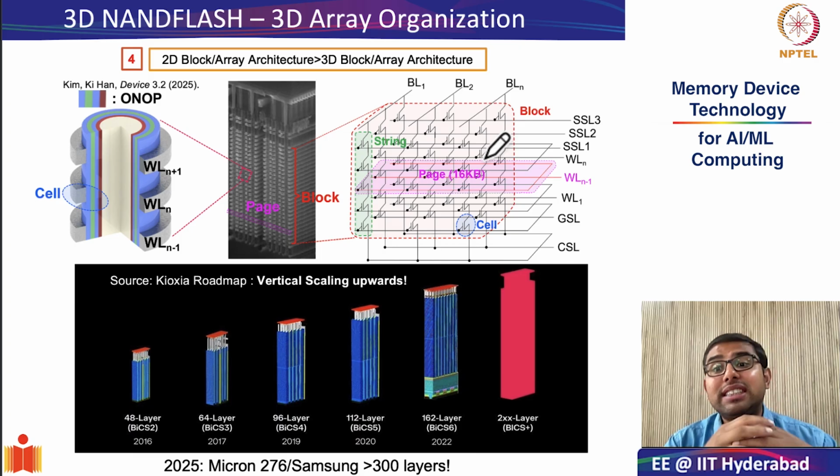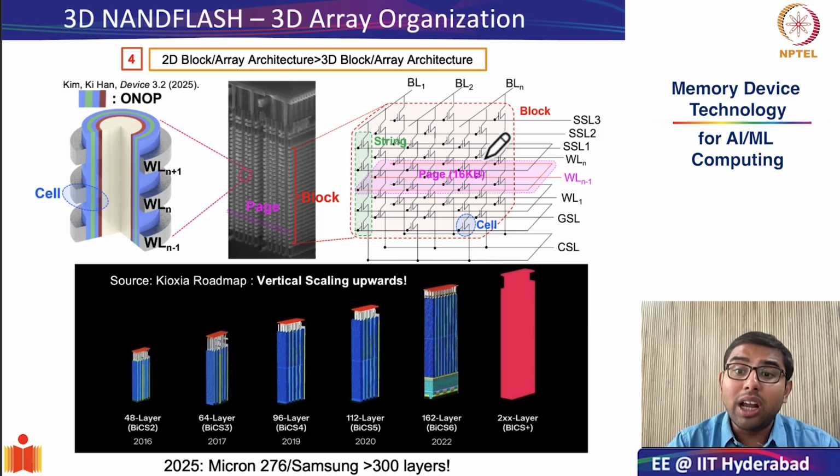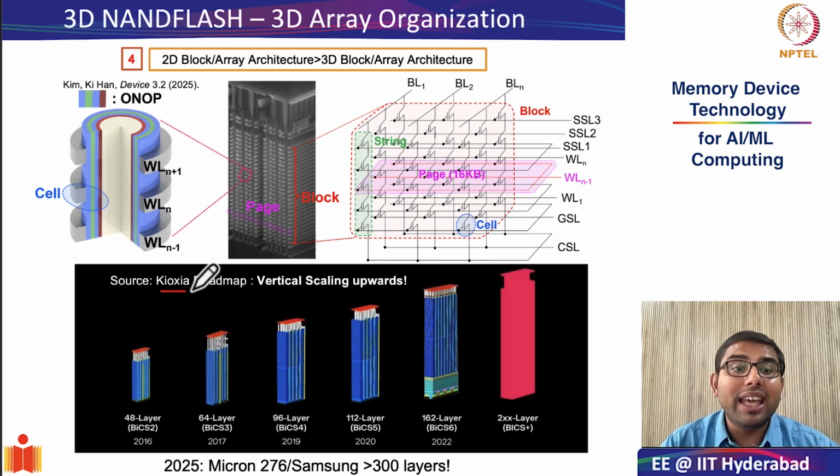Finally, we will discuss the scaling trends in 3D NAND, which is very different from scaling in 2D NAND, because what is happening is vertical scaling, as you can see from the roadmap of a very popular company, Kioxia, which is one of the major manufacturers of NAND flash.